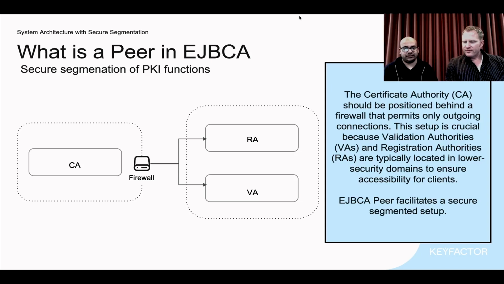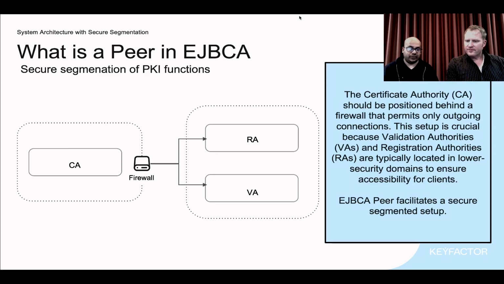Why are we doing this? So that we can ensure the certification authority, or CA, is sitting behind some secure domain, for example, behind a firewall. So the RA and the VA are in a public facing network, and we are restricting inbound access towards the CA.